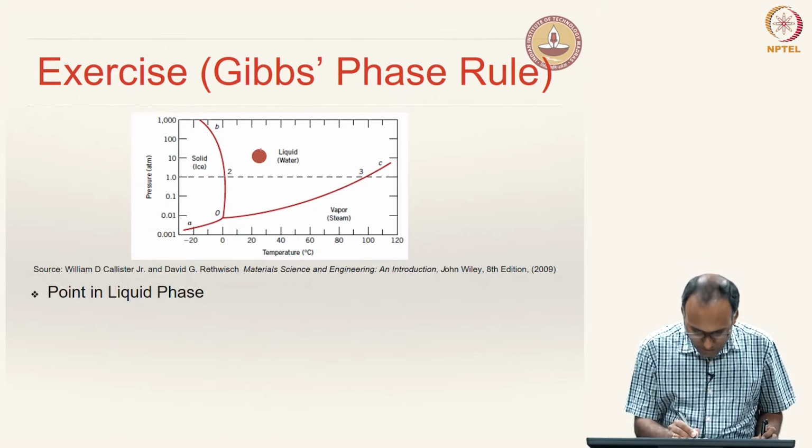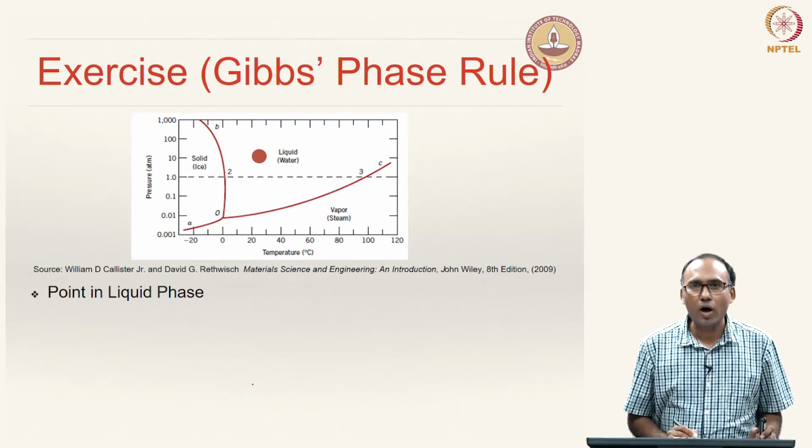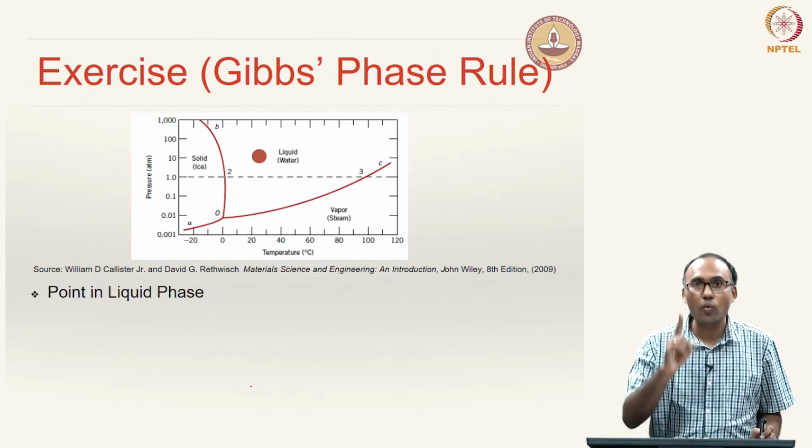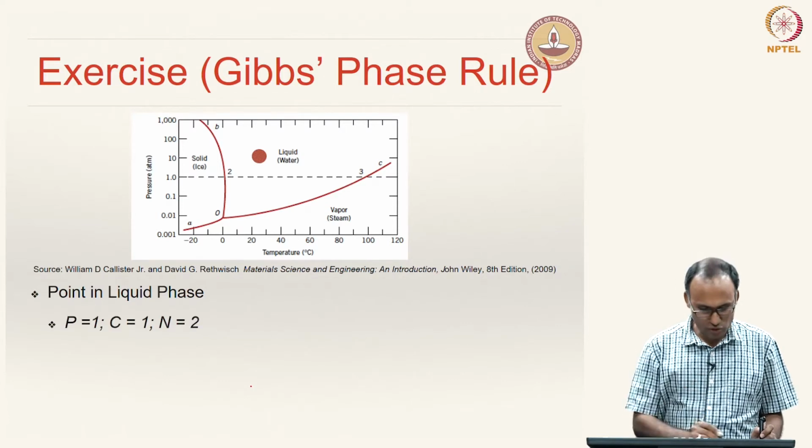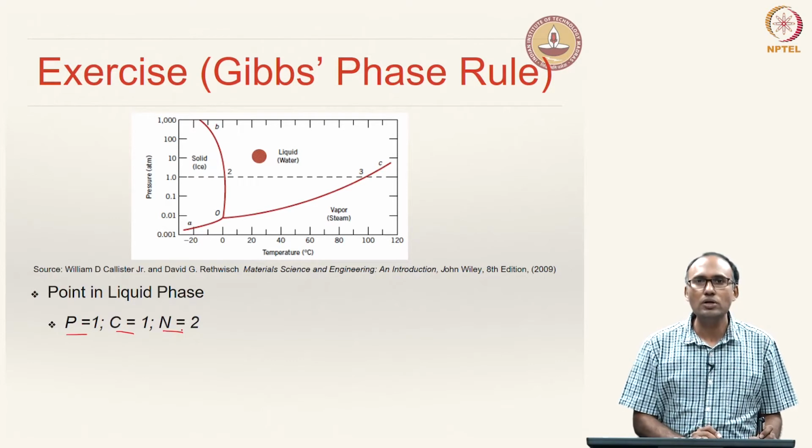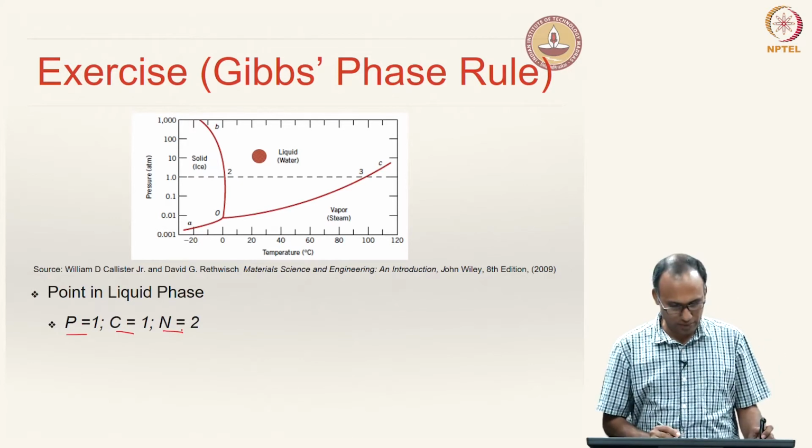If you are in the liquid phase, how many phases are present? Only one phase, the liquid phase. So P equals 1, the number of components is 1, and N equals 2, the number of non-compositional variables.